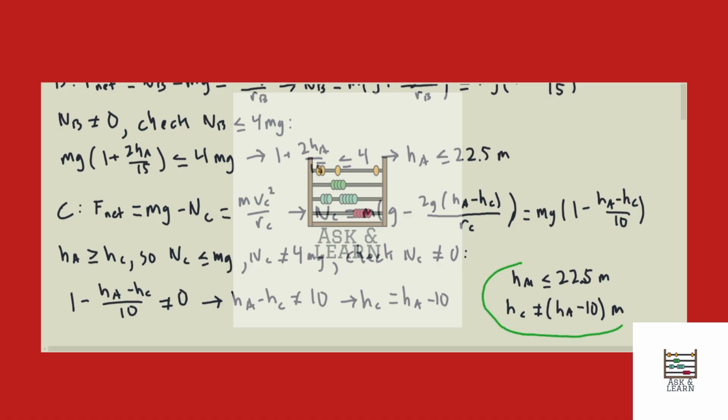And making sure that we follow those two conditions, we'll keep our normal force within that bound of 0 and 4 Gs that we wanted to ensure.